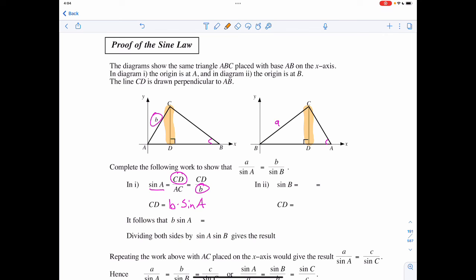And I can say that sine of angle B on the other side of the triangle would be the same as the opposite, which is still CD, divided by the hypotenuse of BC, but we know that BC is actually side length A in the non-right angle triangle. So CD in this case would also be A times sine of B.